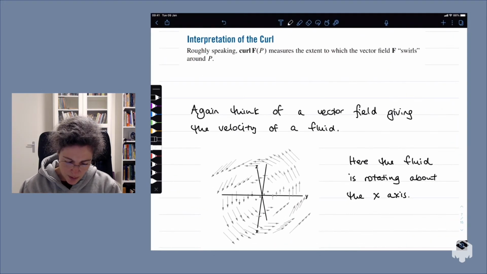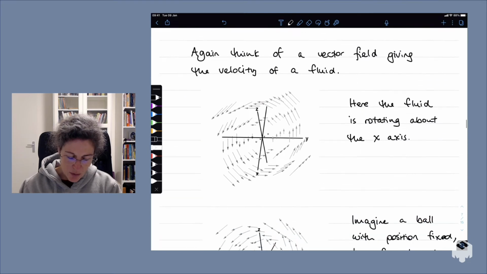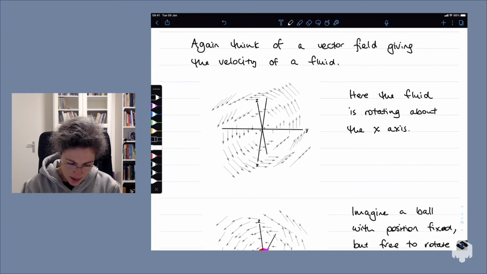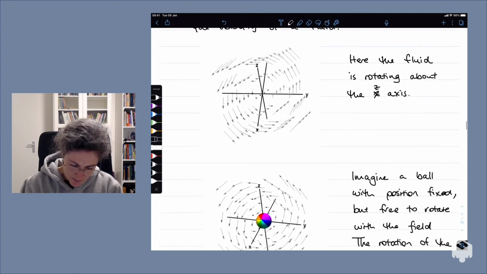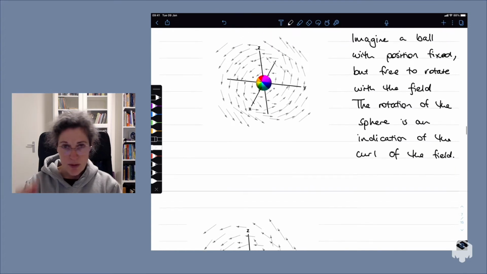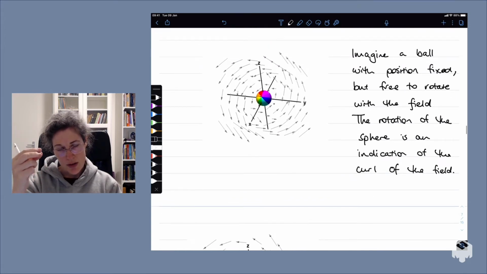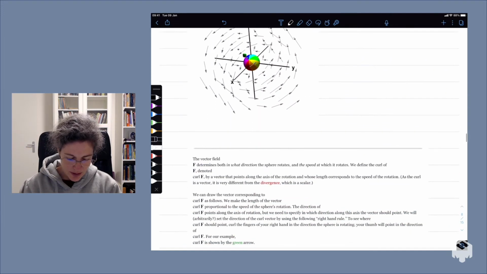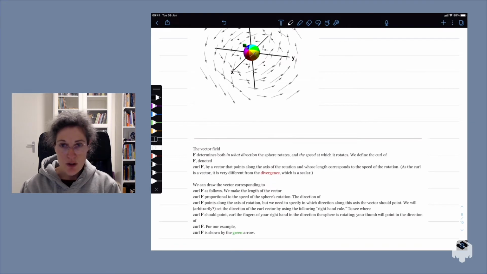Okay, so back to our notes. We're thinking about a fluid rotating about, so this is actually the z-axis, I think. We're imagining a little ball that's fixed at the origin but allowed to rotate based on the vector field, and we end up with this. And here's a summary of what I've said about how we pick the vector to describe this rotation.